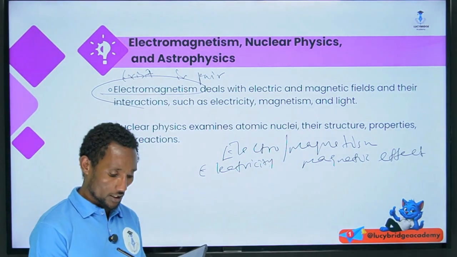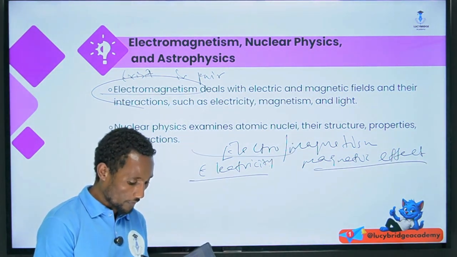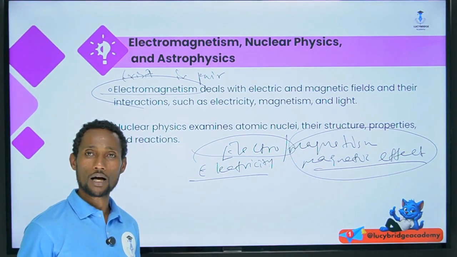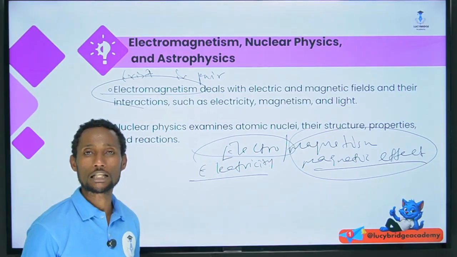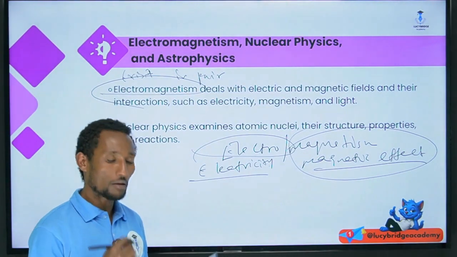With electricity, we have the electron, and the magnetic effect is about magnetism, about magnets and the properties and main characteristics of magnetism.